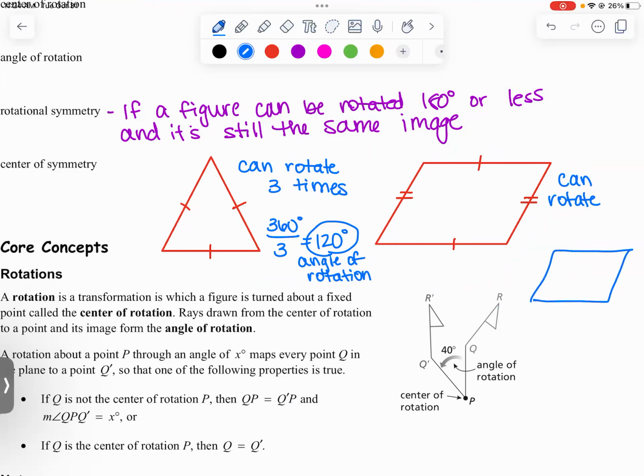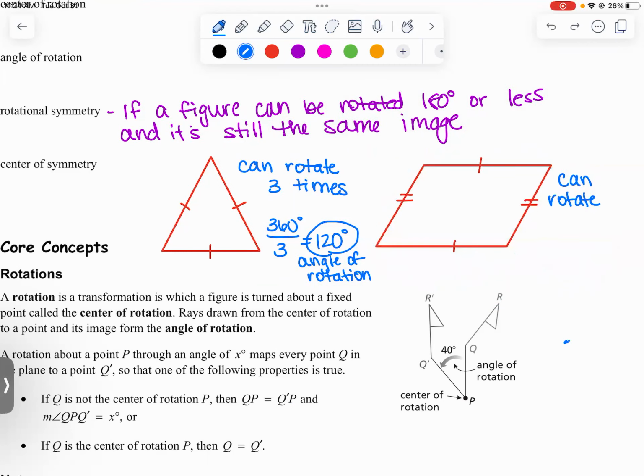Okay, so we can rotate this twice, upside down and then back to normal, which means what would our angle of rotational symmetry be? 180 degrees, because we take 360 divided by 2.